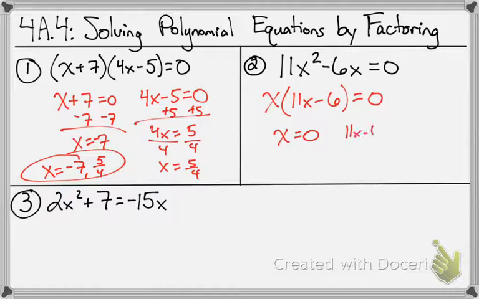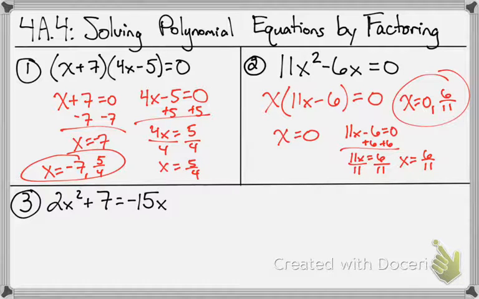And of course, we have our other factor, 11x minus 6 equals 0. So the first one's already solved. X equals 0, that's done. Second factor, again, we do some quick basic equation math. So we add 6, divide by 11. Our other x value is going to be 6/11. So I have two solutions, 0 and 6 out of 11.